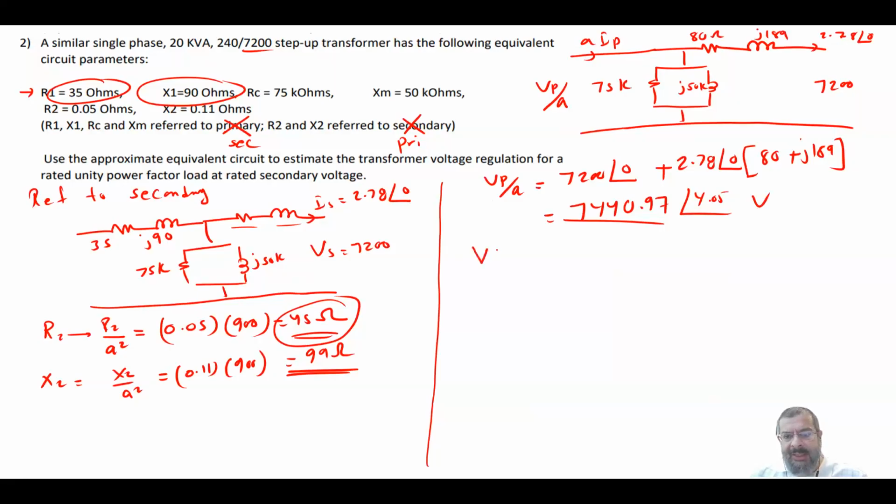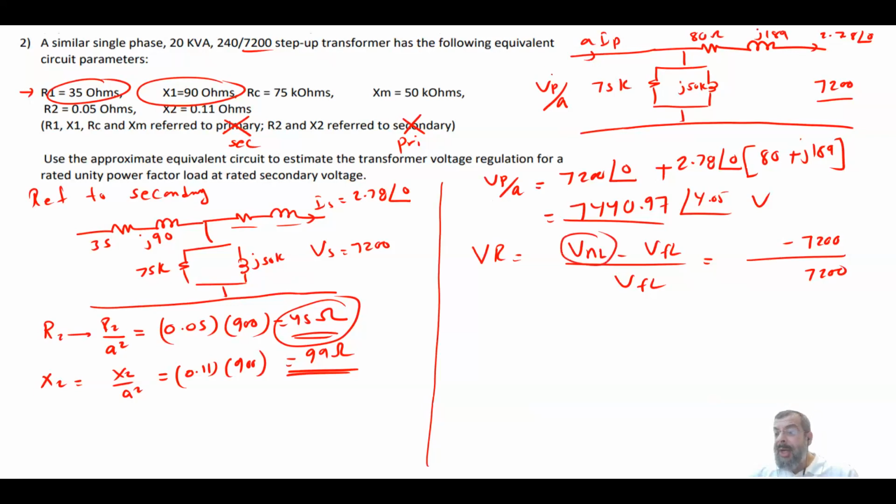Let's find the voltage regulation, which is again the V no load minus the V full load, divided by the V full load. The V full load is the secondary voltage, which is this 7,200. The no load voltage is the primary voltage referred to the secondary side, which is VP over a, that 7440.97, times 100.